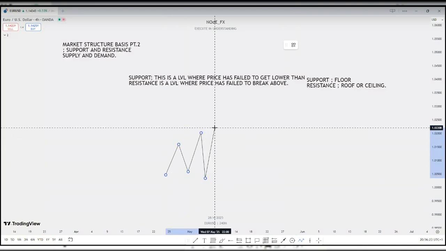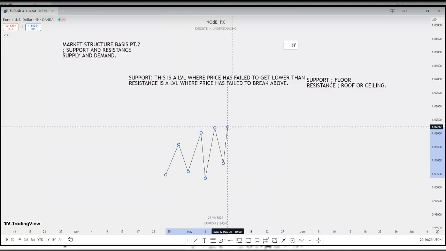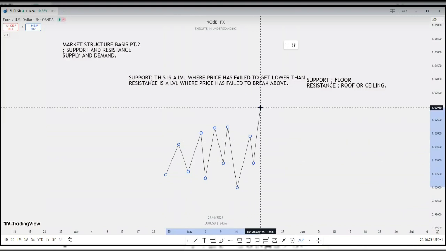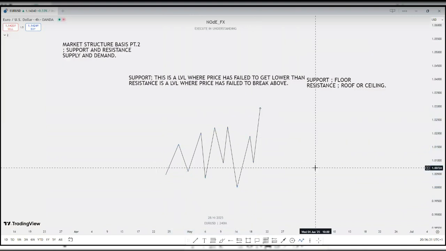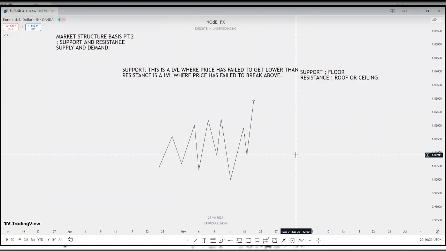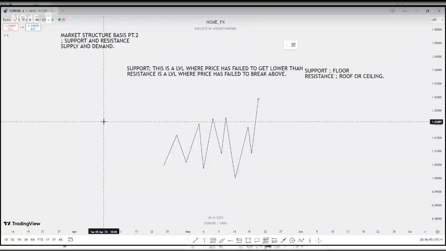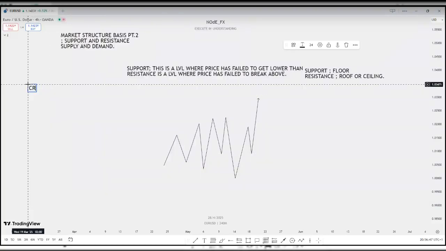This is the reason why I drew something as messy as this. To identify your support or your resistance, you are going to find levels at which price has failed to break. This is a criteria for both. There's always a criteria to be met.